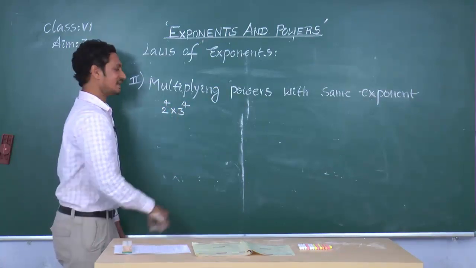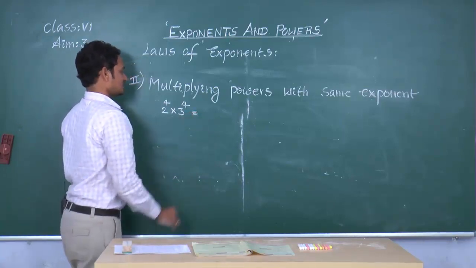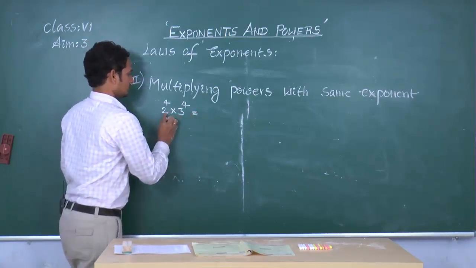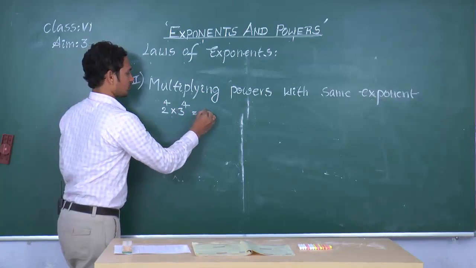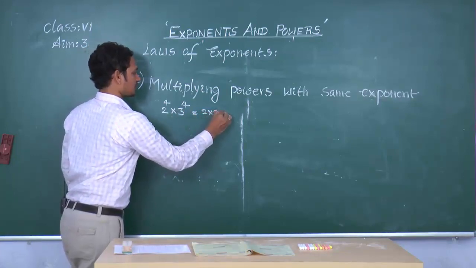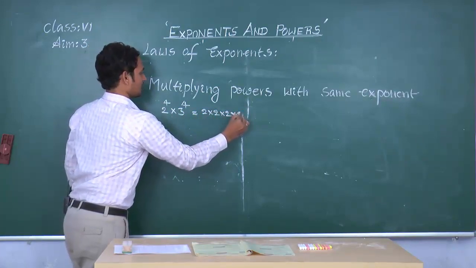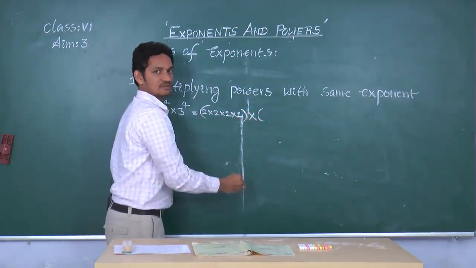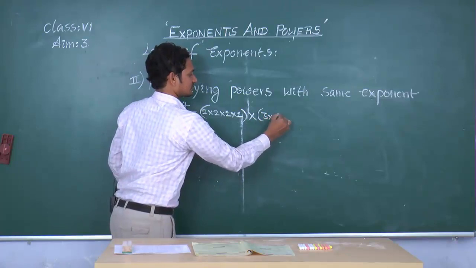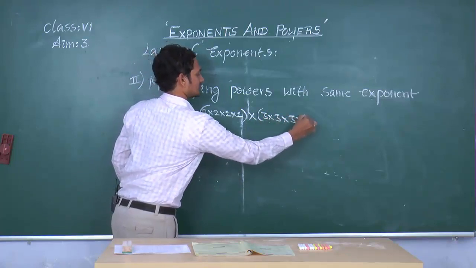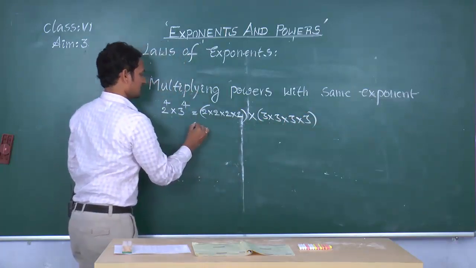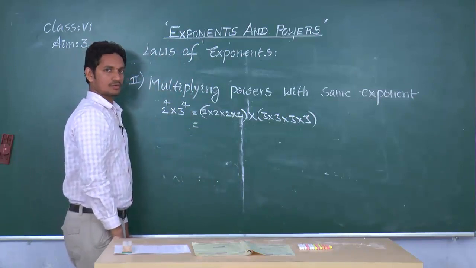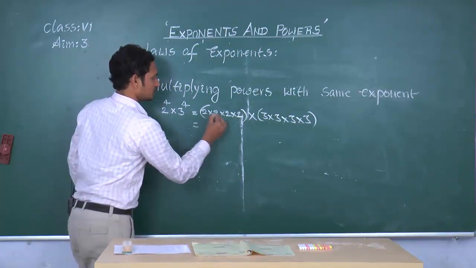We can write it in exponential form. We can convert into product form as 2 is multiplied by itself 4 times, and here 3 is multiplied by itself 4 times. And we can convert into our own convenient form as 2 into 3.